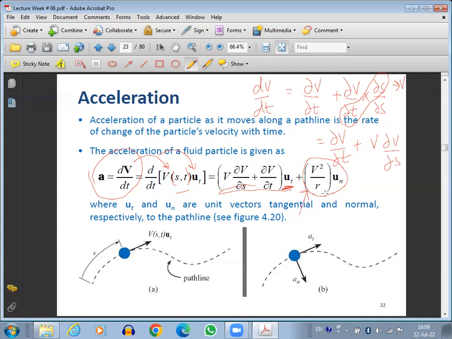Not centrifugal. Tangential has the direction along the tangent, but centripetal has the direction along the center. I take a string, attach a stone to it, and I revolve it. The centripetal acceleration will be towards me, who is holding the stone in that orbit.